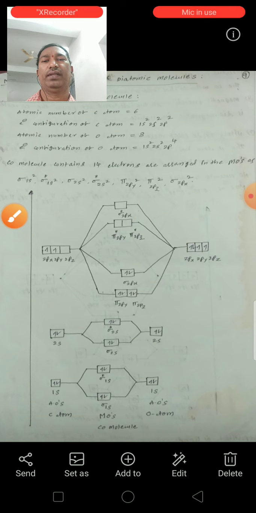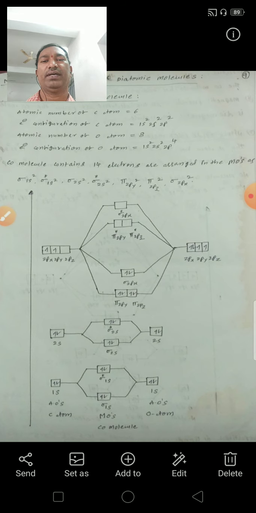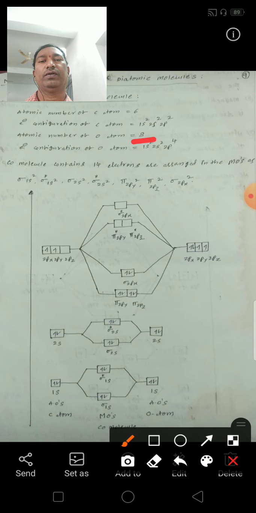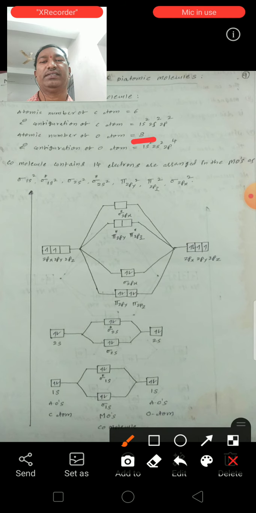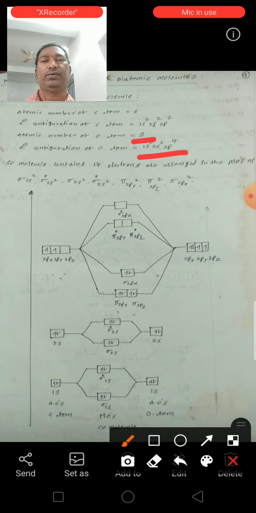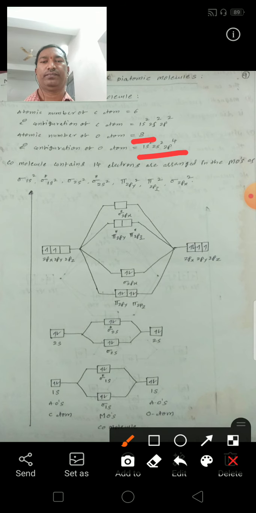Next, the atomic number of oxygen is 8, and the electronic configuration of oxygen is 1s2, 2s2, 2p4.